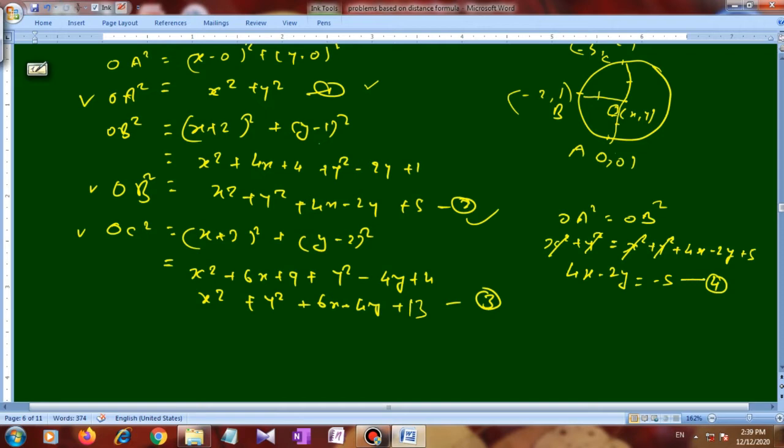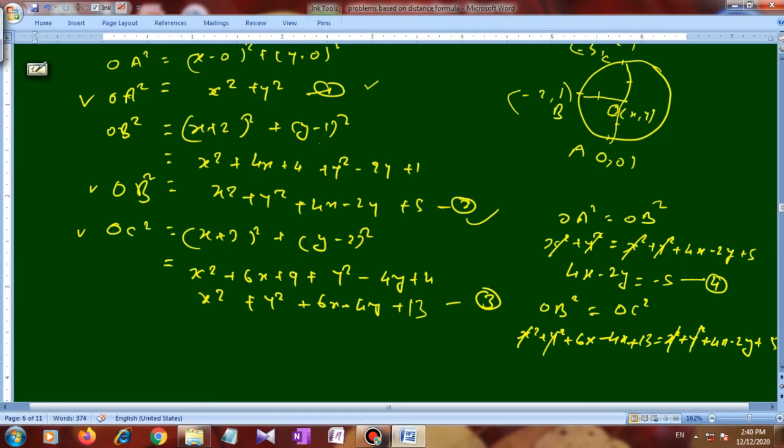Now equating OB square and OC square. So OB square equals OC square. So we will get x square plus y square plus 6x minus 4y plus 13 equal to x square plus y square plus 4x minus 2y plus 5. So x square cancels, y square cancels.